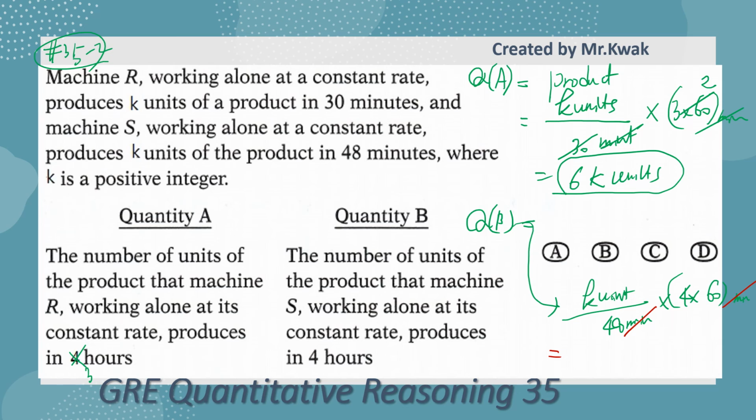Minutes cancel, and then 12, and 12 multiplied by 5 equals 60, so 5K units. So what is larger? Still, quantity A is larger than quantity B. So the answer should be A.